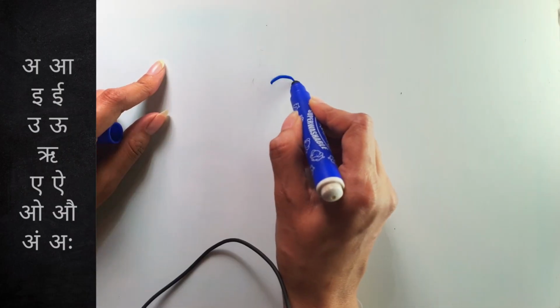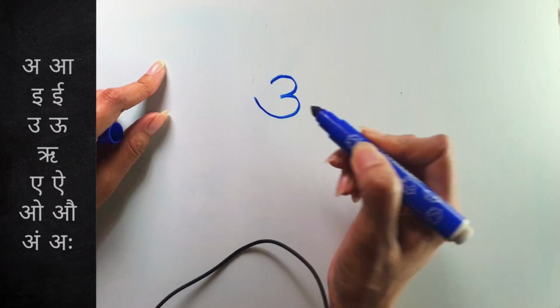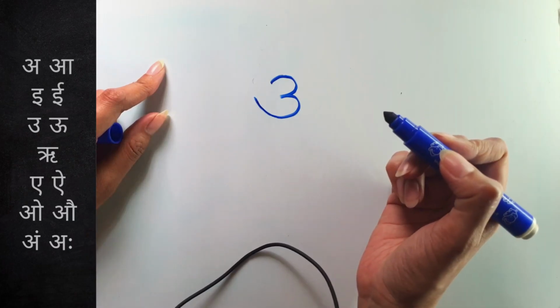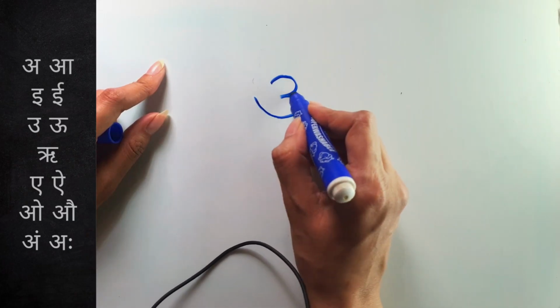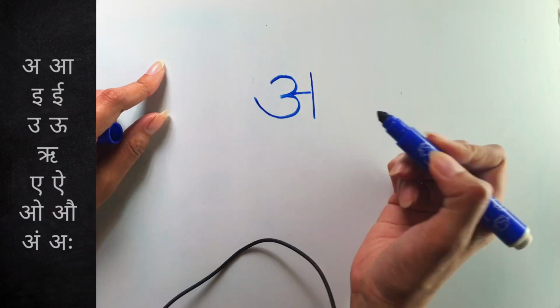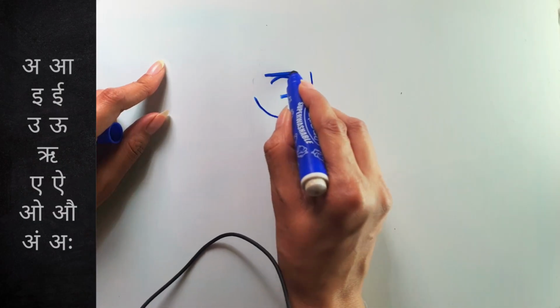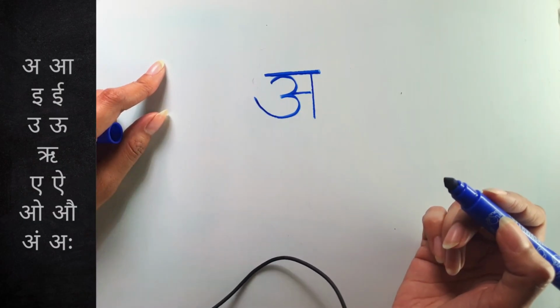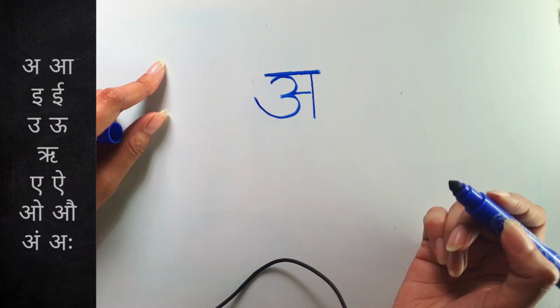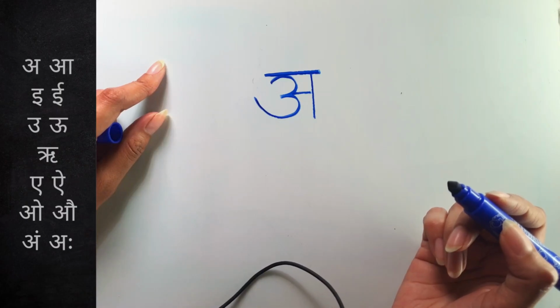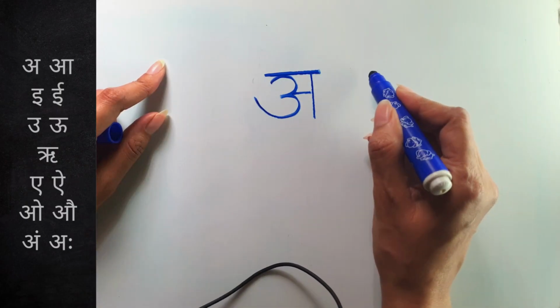For A, we will start with something which is kind of a 3. Okay, this is A, and it has the sound like up, jug. Let's redo this.